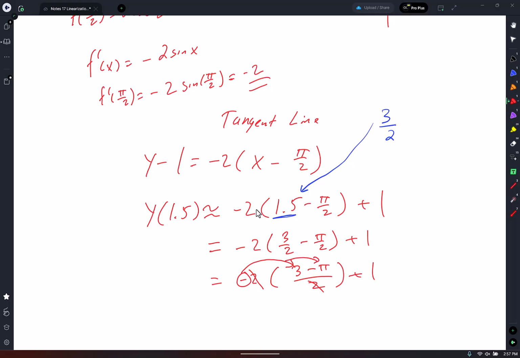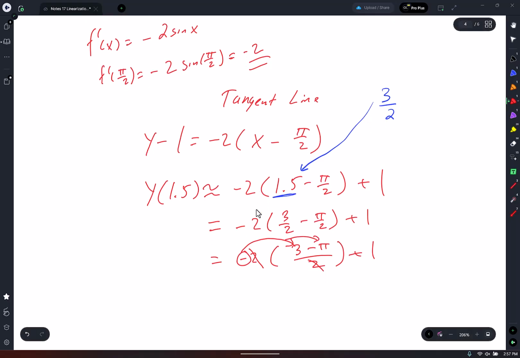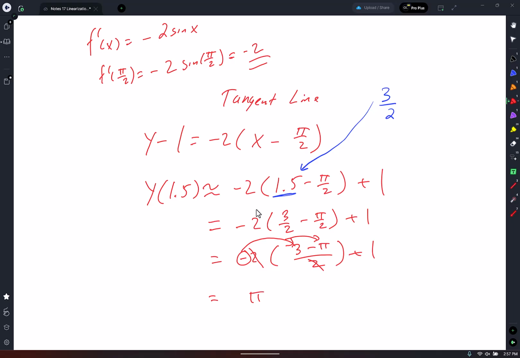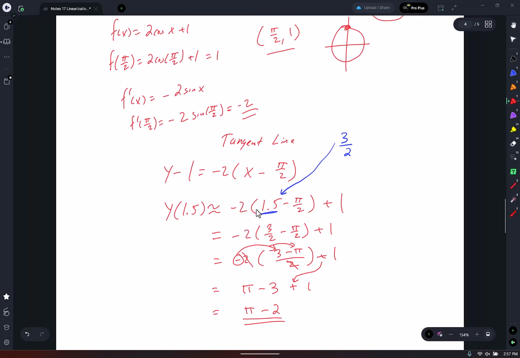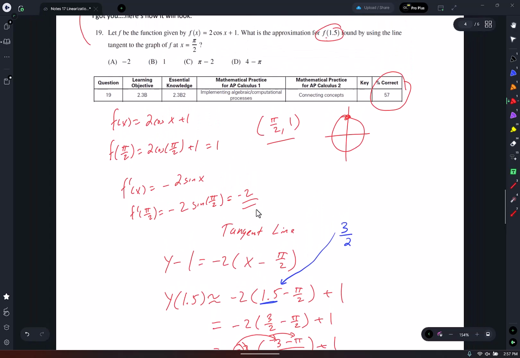Distribute the negative, so change the polarities of everything you have in parentheses. So pi minus 3, and then plus 1. That plus is this plus. Pi minus, what's negative 3 plus 1? Pi minus 2. There it is.